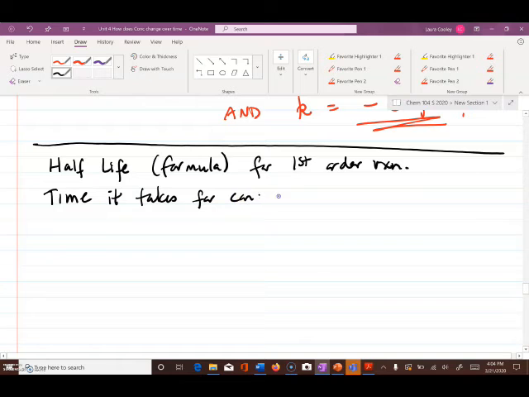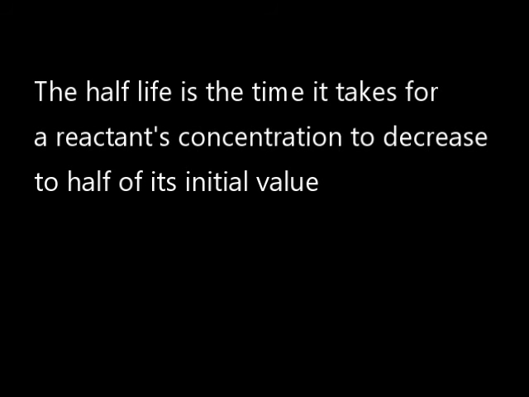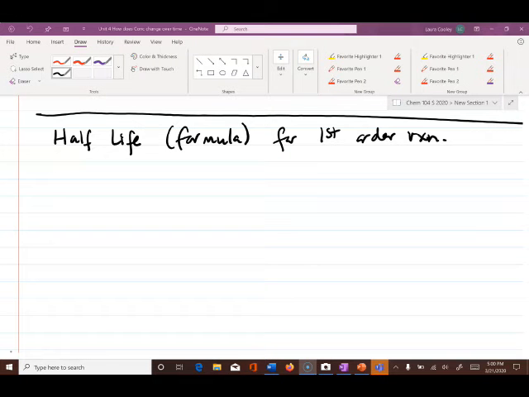The half-life is the time it takes for a reactant's concentration to decrease to half of its initial value. So I'm going to work on the half-life formula for a first-order reaction.